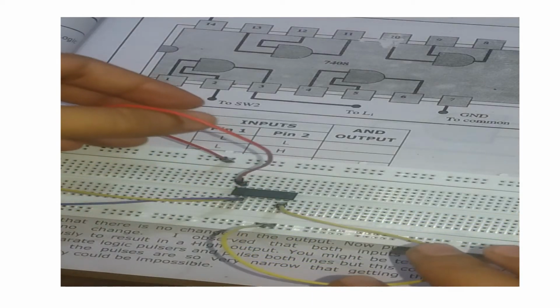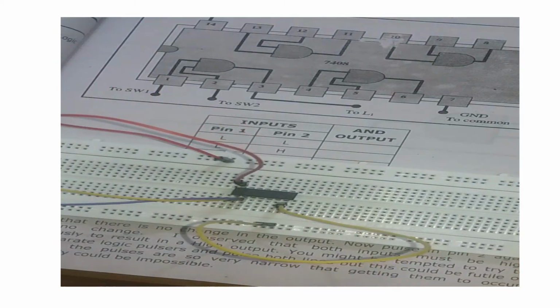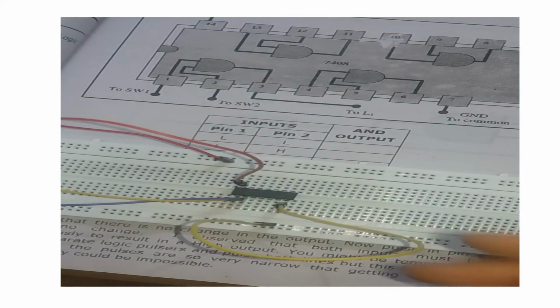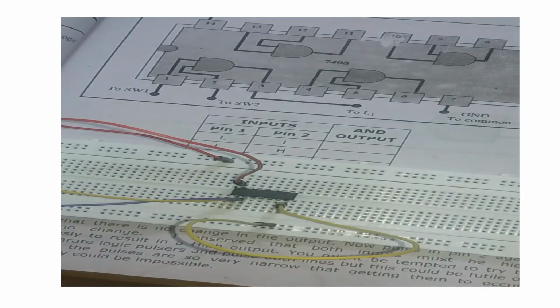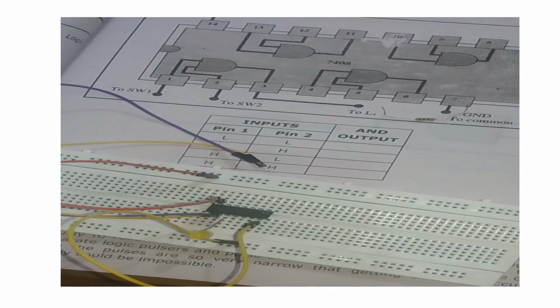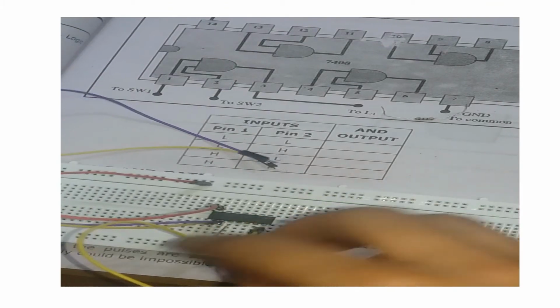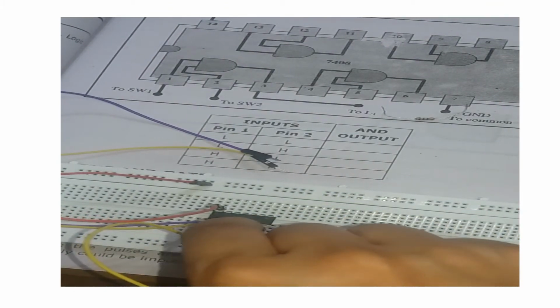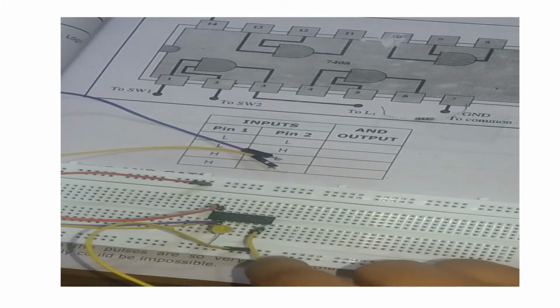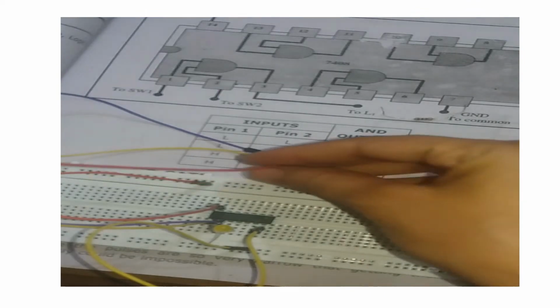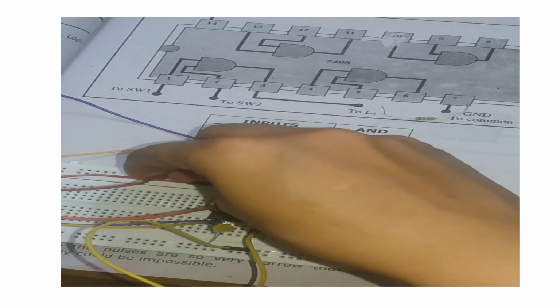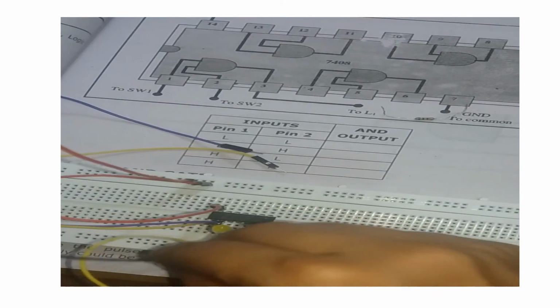For the output, we can use a resistance or not. You can also use a direct LED on the output, and we insert the LED on pin number 3, and also connect 2 wires for the battery connection, plus VCC and minus on the ground side.